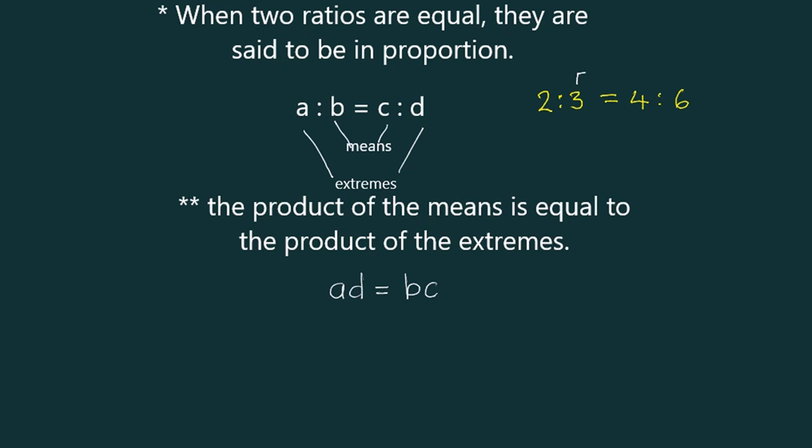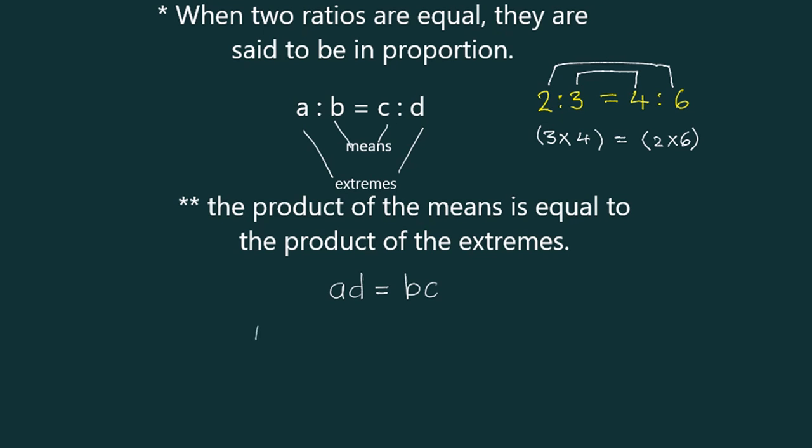The product of the means, that's 3 and 4, should be equal to the product of the extremes, that is 2 times 6. And I think you can see here that both will give us 12. 4 times 3, 3 times 4, that's 12. 2 times 6, that's 12. So that's very true, you see. So that's what it is.